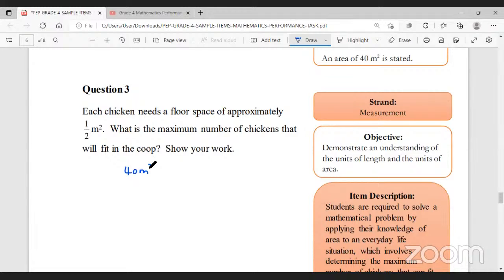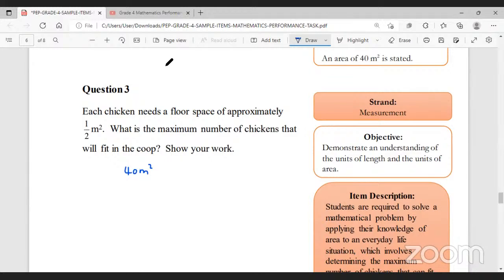And what you must notice about a performance test, I think we saw this when I was doing the grade 5 mathematics performance test, is that for each question, you were bringing down some information. And not only for the mathematics performance test, we just saw it in the science as well.